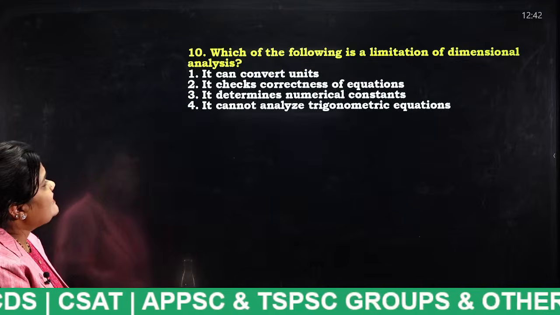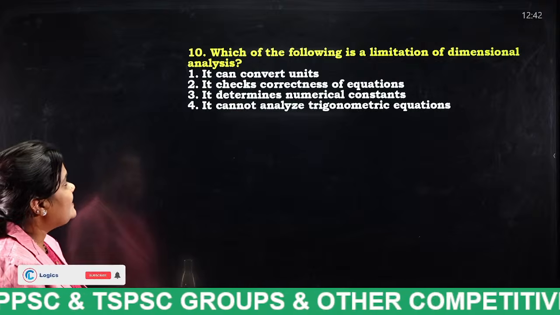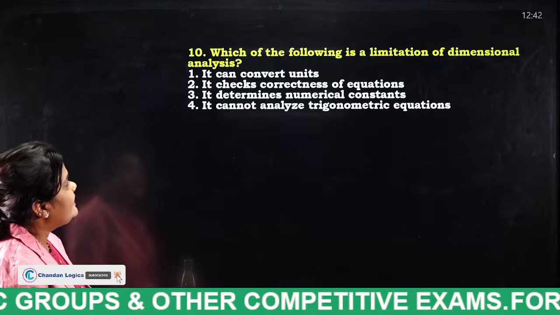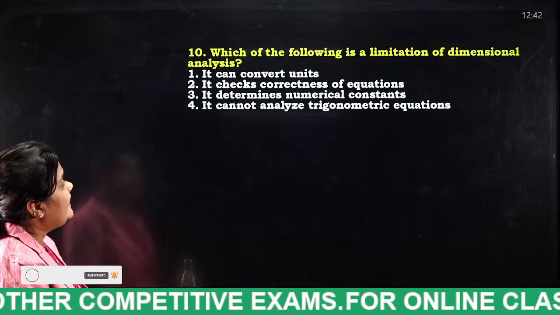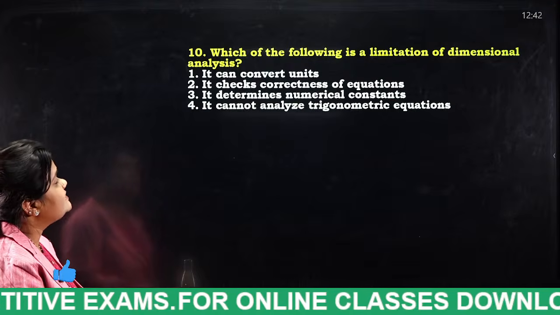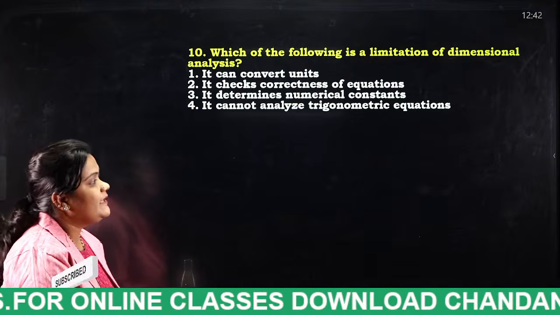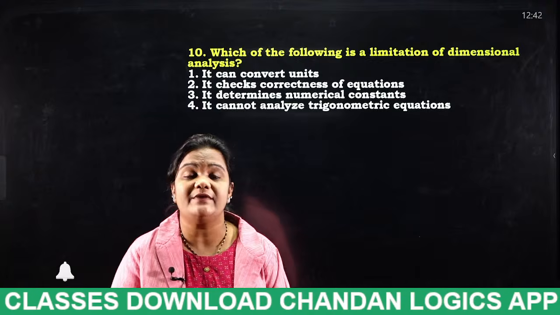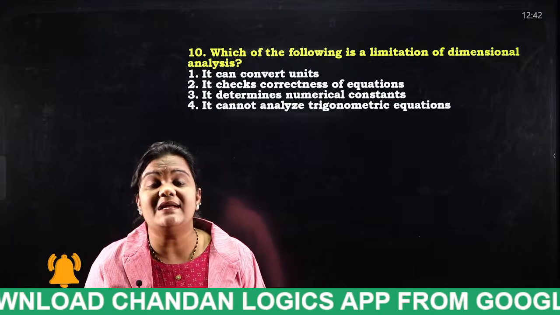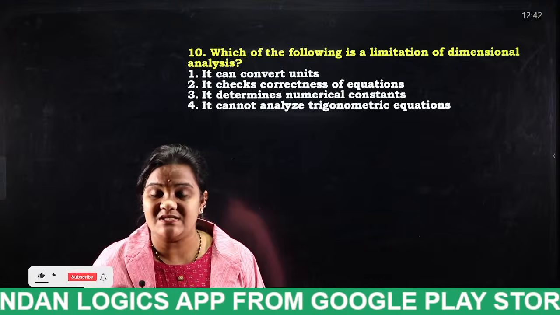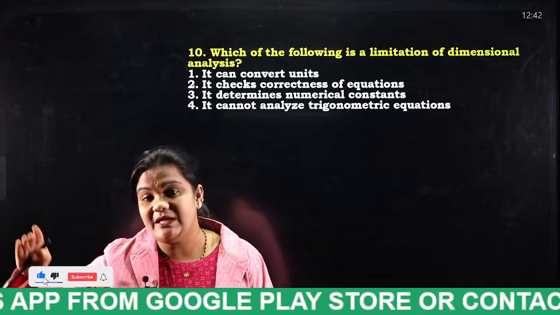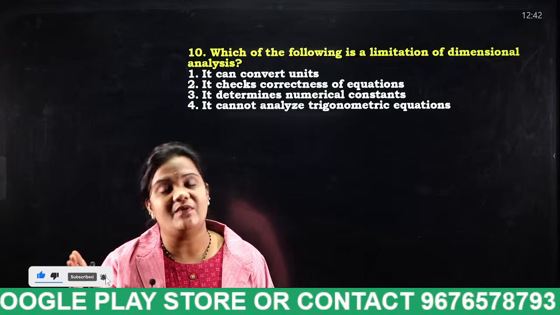Which of the following is the limitation of dimensional analysis? It can convert units, it checks correctness of equation, it determines numerical constants, it cannot analyze trigonometric equations. As I told you already, what are the rules? So what are the limitations of dimensional analysis? It can check the equation.